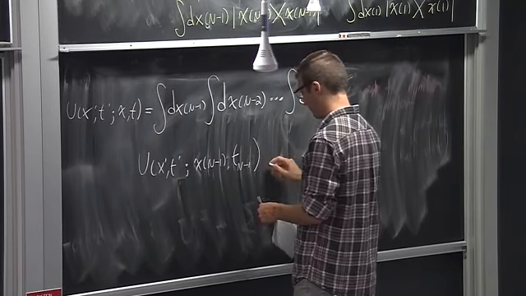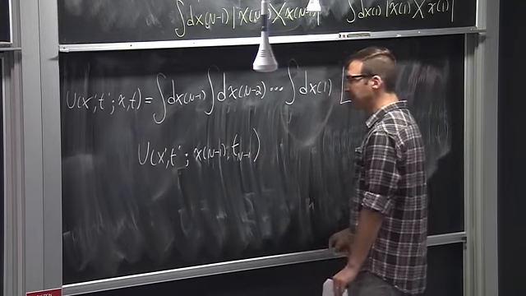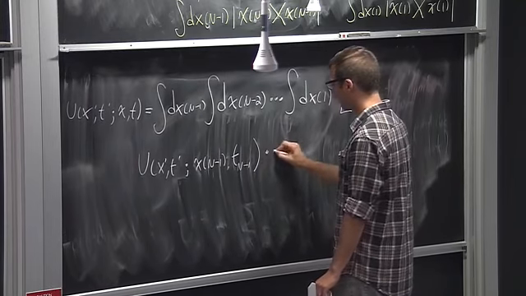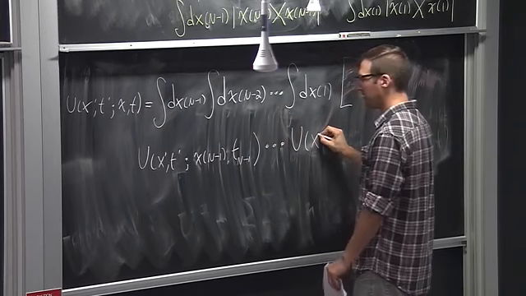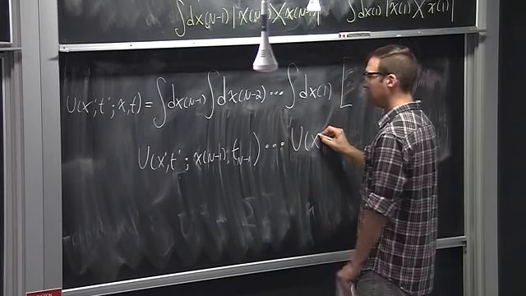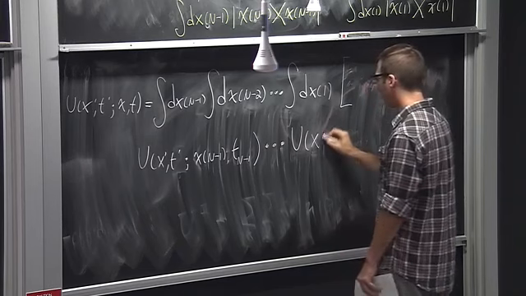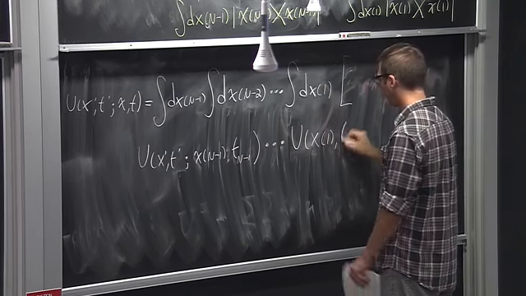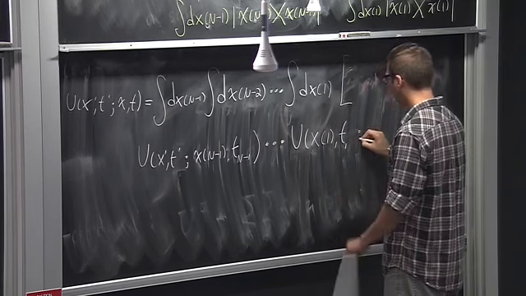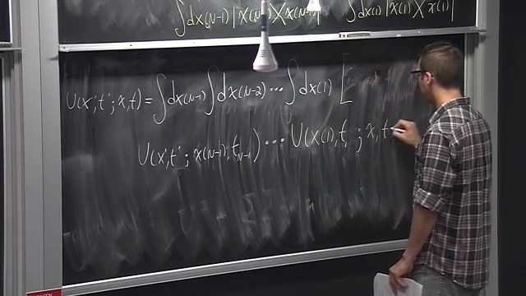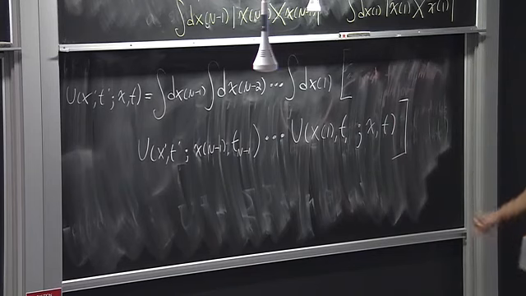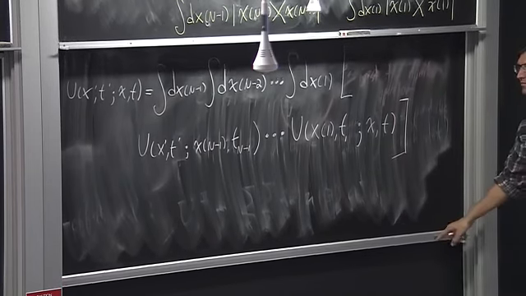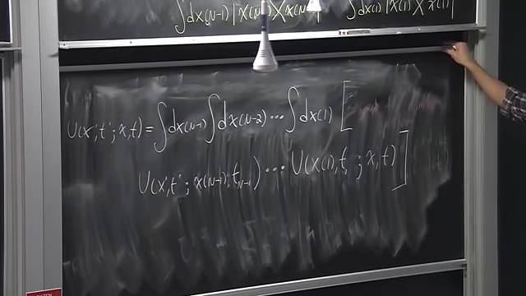I'm going to partially fix that by using it on my t's. So it'll be x1, t1, because the last one is just x and t. All right.